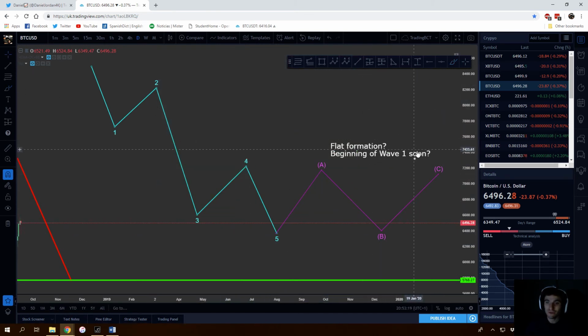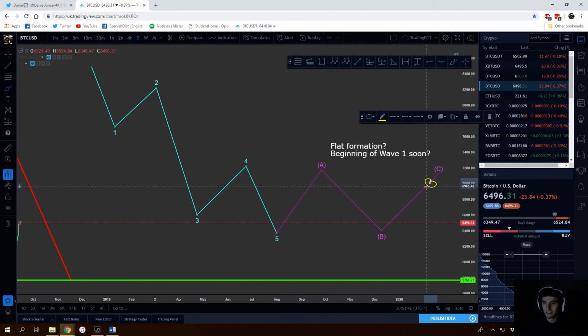And now we move on to our corrective patterns, where here we could be getting a zigzag, we could be getting a triangle formation, but here we are seeing an Elliott wave A, B, C flat formation, where the price has moved up here, it has moved down very evenly, and now we are seeing the price say around here.